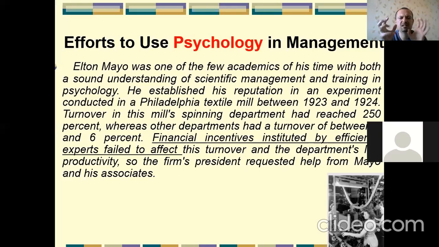5 to 6% is generally normal turnover even now, because subordinates can move from one region of a country to another region, or even to another country. Somebody could get sick, and maybe it's not possible for him or her to complete these tasks.